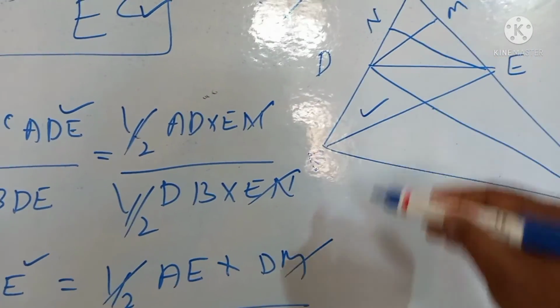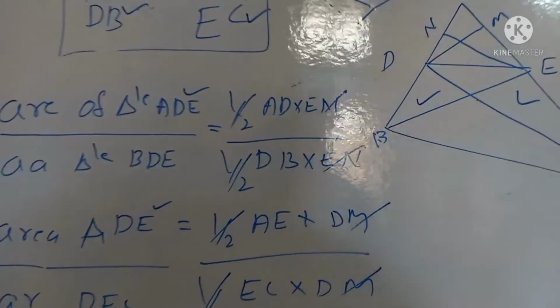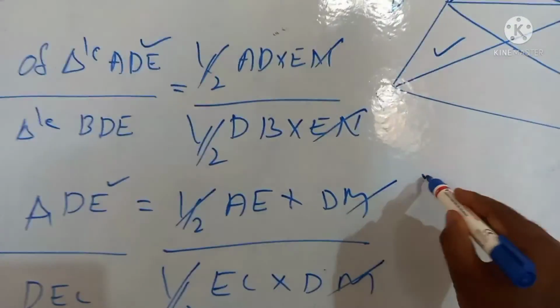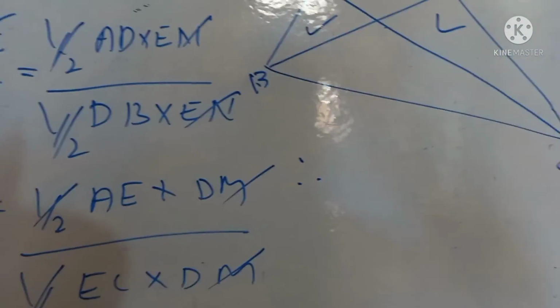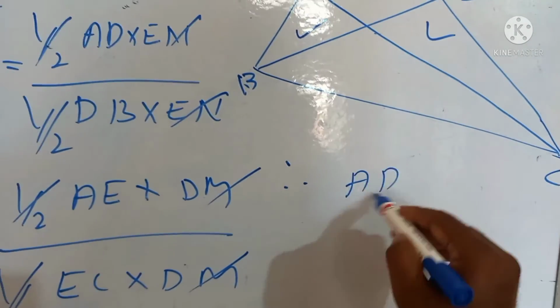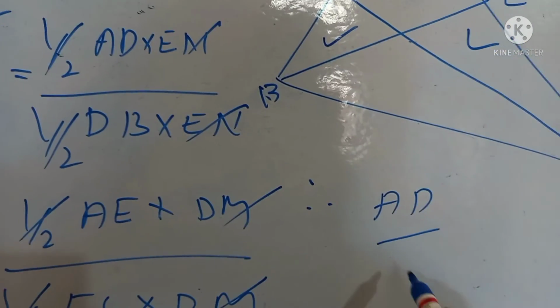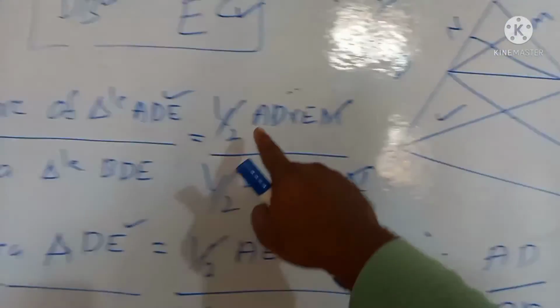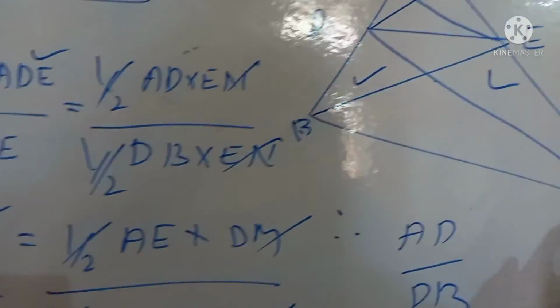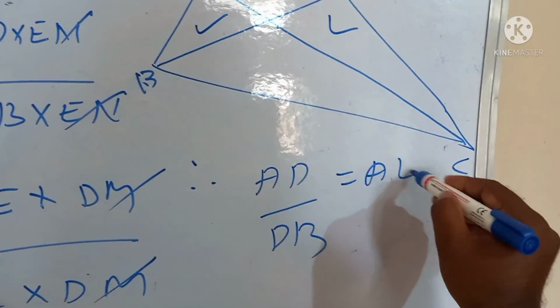Therefore the areas of the triangles are automatically equal. Therefore AD by DB is equal to AE by EC.